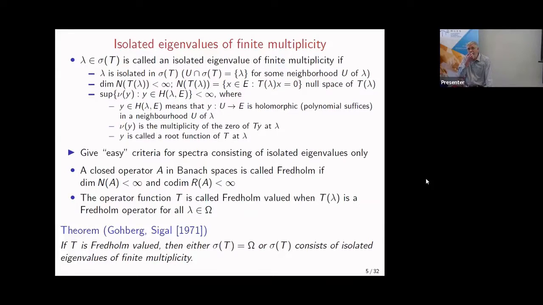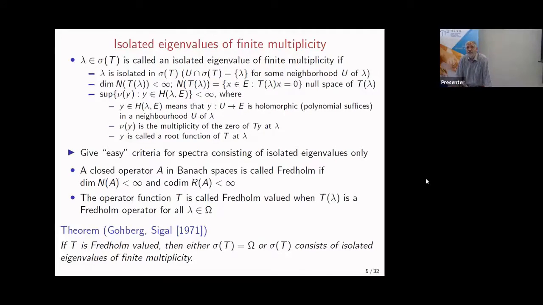And now we want to give criteria for eigenvalues which are isolated. We need the definition of the Fredholm operator. Most of you will know that. That's a closed operator where the dimension of the null space and the codimension of the range are finite.